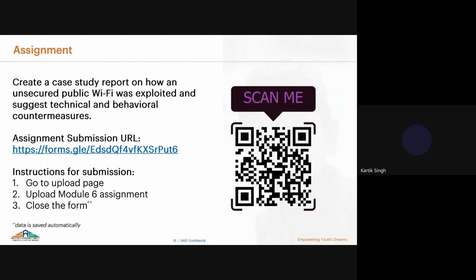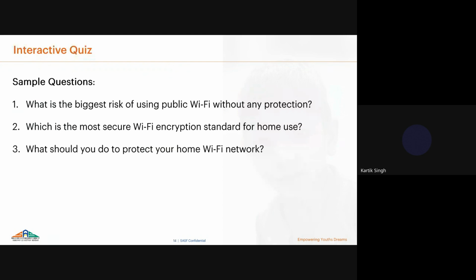You have to upload your assignment on this form, or you can scan this QR code. There you have to upload your module 6 assignment, and you have to close the form, as it will be saved there, and the form will be submitted only if you submit all 10 assignments. So we are on the 6th module, so you have to upload your assignment and then close the form. Now let's move on to our quiz section.